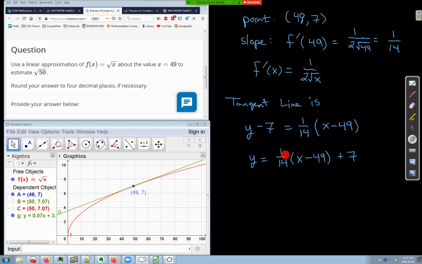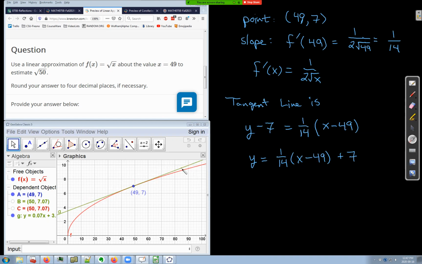So what I'm doing is no different than using the formula. The only difference is I actually know what I'm doing here. I'm not using some meaningless formula that's just a bunch of letters. I'm saying, oh yeah, this is the tangent line that I can find using what I know about calculus.